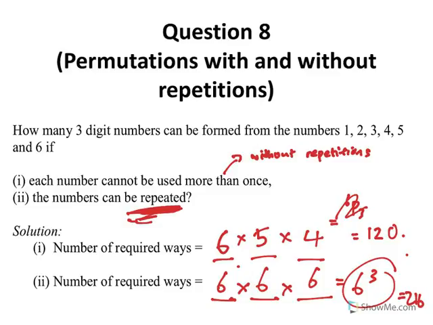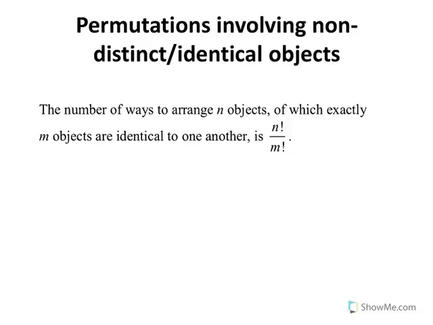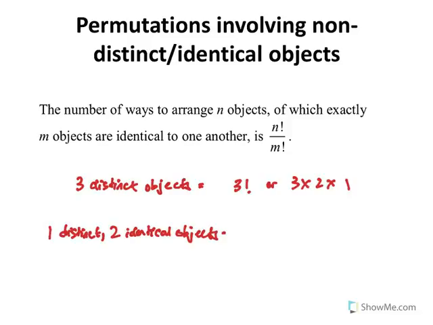Simple? You already can understand, right? So actually, how do we get it? There's a method to it. Let's say there are two identical objects. 3 factorial, correct? But two of them are identical.